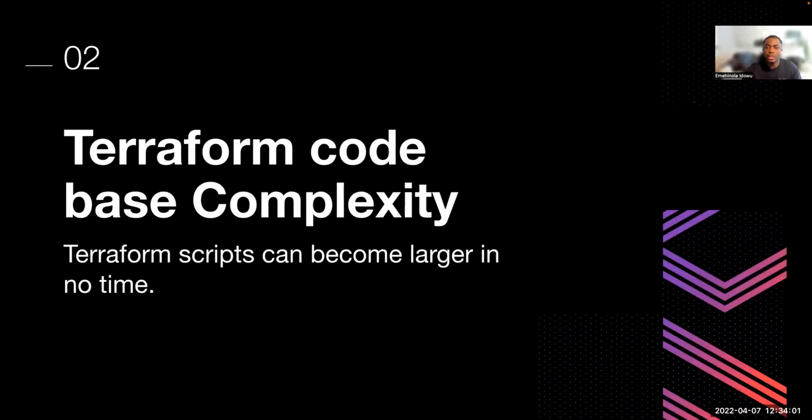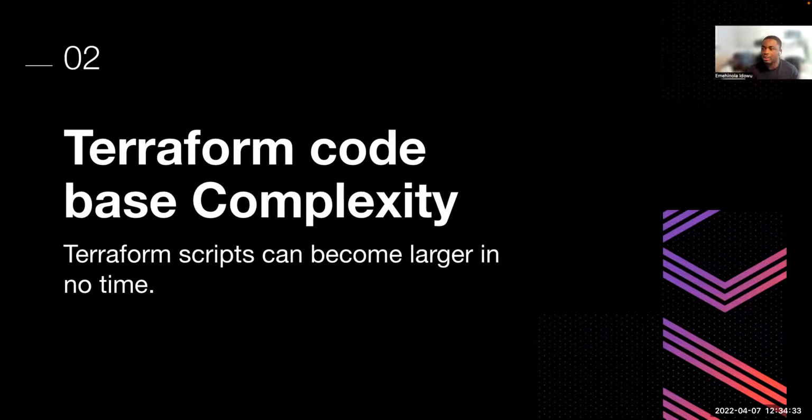Also, I would like to talk about how quickly your Terraform script can grow. Say you start off by learning Terraform, you create a few .tf files, you're playing around. When you want to deploy to production or when you start using Terraform within your company, you notice that you need more things. You need a module. You need to deploy not just an EC2 instance, but you also need to deploy an RDS database instance.